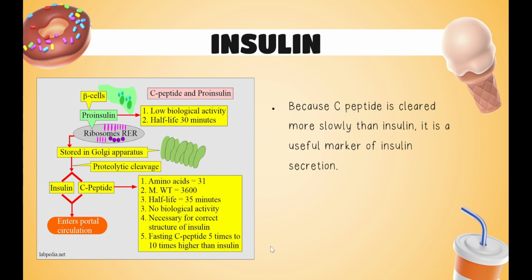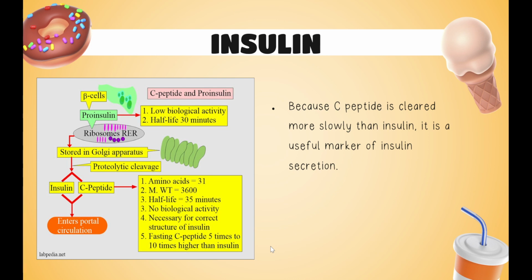Kasi syempre, when we say exogenous, meaning to say we are taking insulin outside of the body, meaning to say we are orally taking it, syempre makaka-differentiate siya. Kasi nga, exogenous insulin does not have C-peptide with it. Kasi insulin na nga siya. Whereas the endogenous insulin undergoes those process of proteolysis and is always co-secreted with your C-peptide.